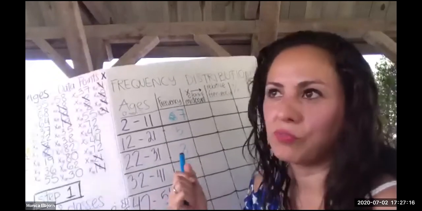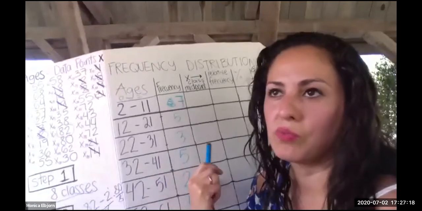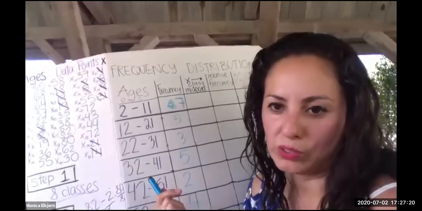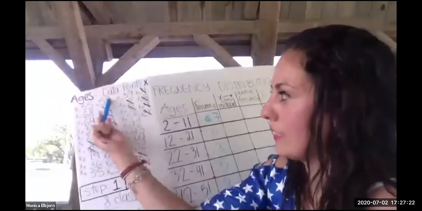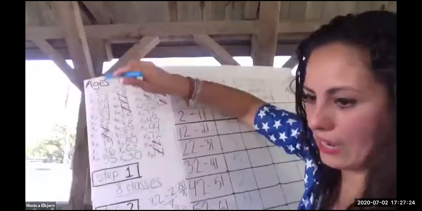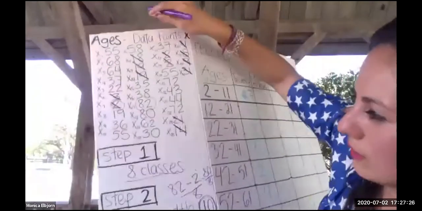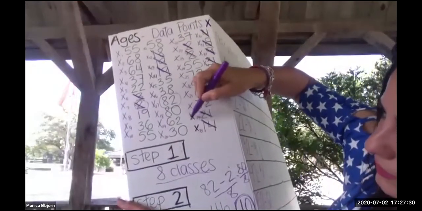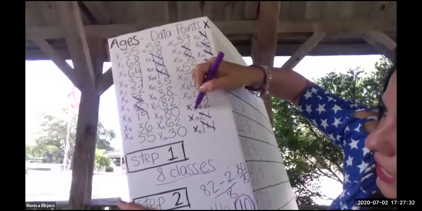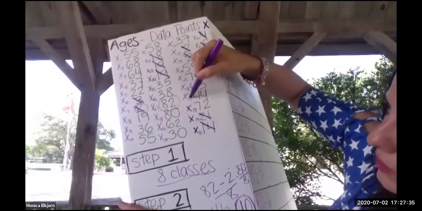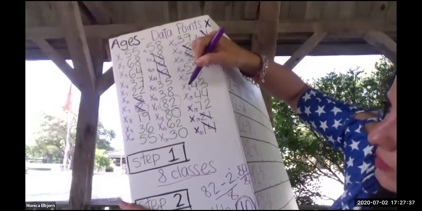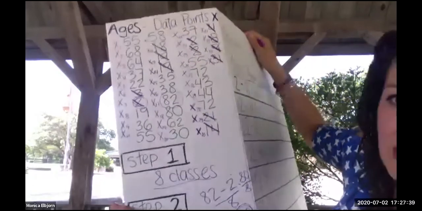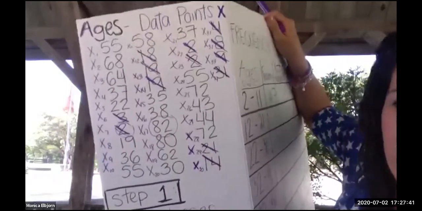Or if we got 5 of the red ones, our frequency will be 5 for those red ones, for our sample. So this is my sample. And I want you to notice that every data point, I have it as an X. So X28, X29, X30, X27, X18. You see it?